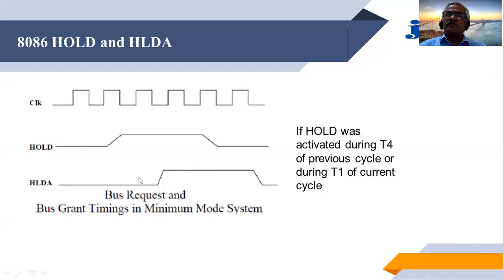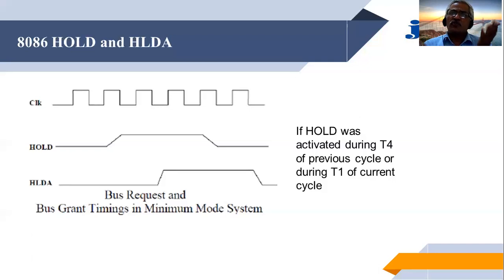So this is the DMA cycle, or the specific hold and HLDA cycle. This hold and HLDA is basically for the DMA operation, and once the DMA requests through the hold pin, it is checked by the 8086 before T4 of the previous stage or during the current T1 stage.